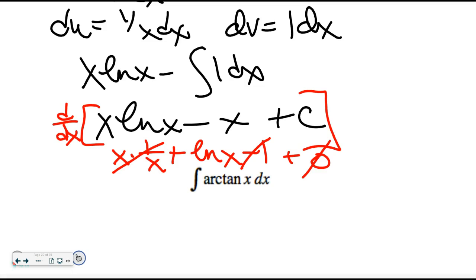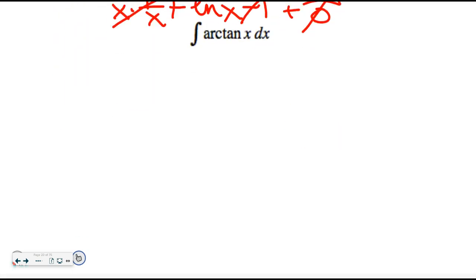Now, we haven't done the antiderivative ever of the inverse trig functions because you couldn't. This could never have been an AB because in order to find the antiderivative of arctan, I know the antiderivative of 1 over 1 plus x squared is arctan x, but I don't know the antiderivative of arctan. That's never happened, right? So this is by parts.